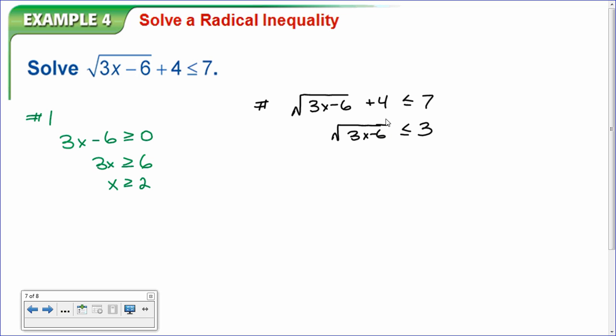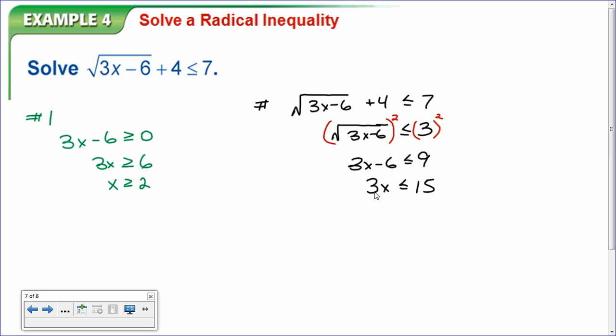Now to get rid of the radical, I square both sides. And that will result in 3x minus 6 is less than or equal to 9. Let's add 6 to both sides. 9 plus 6 is 15. So 3x is less than or equal to 15.